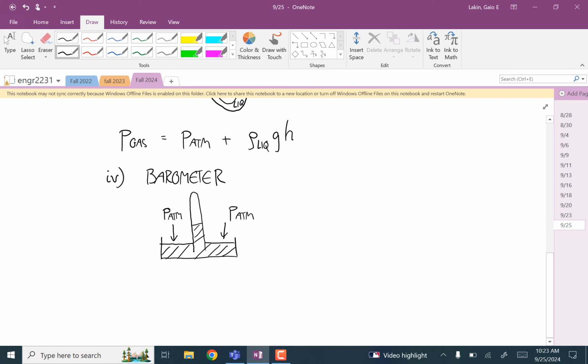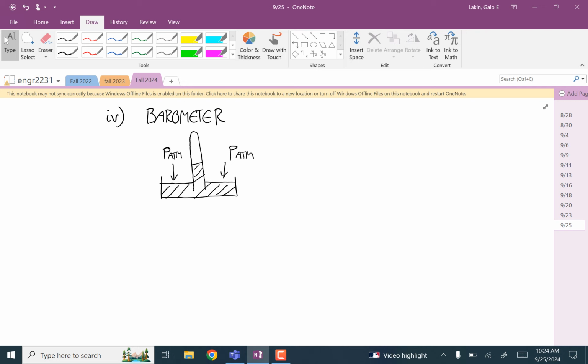And so you try to use a liquid that, at this temperature and pressure, has a low vapor pressure. And if it's close to zero, usually, then the pressure of the atmosphere is equal to basically the vapor pressure, which is usually about zero, plus the density of the liquid times g times h.